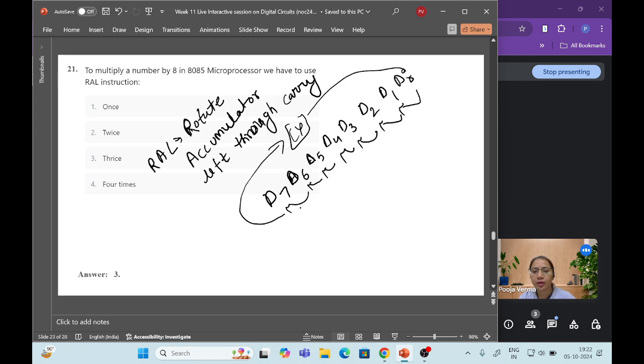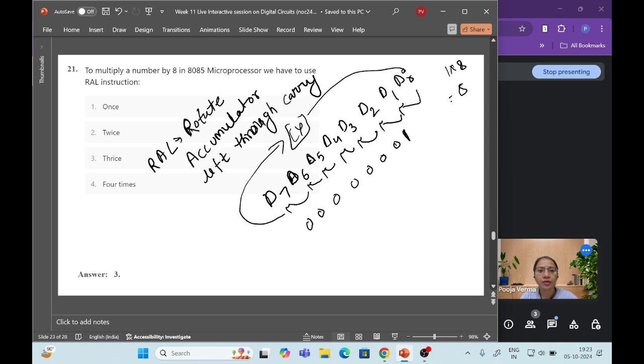For example, suppose we have stored 1. If we multiply 1 into 8, we get 8. So how many times do we have to use the RAL instruction?